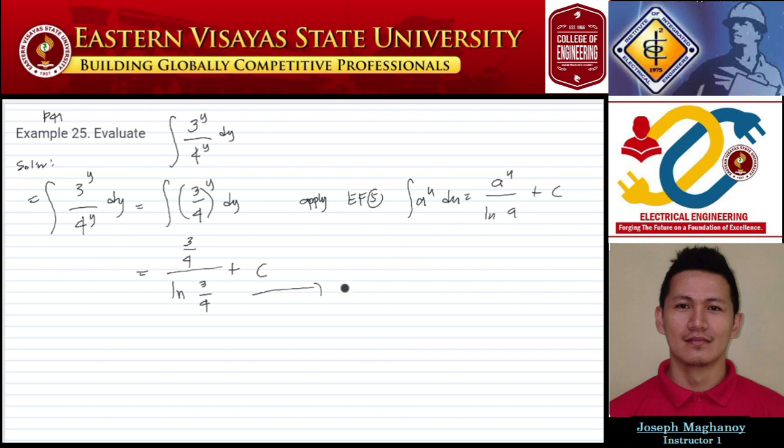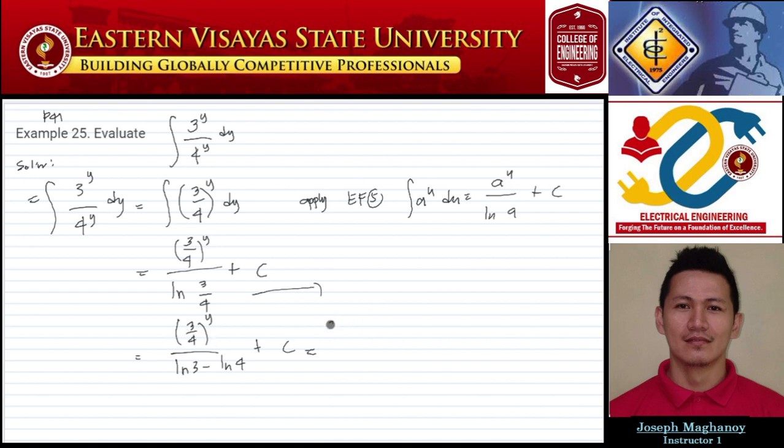So we simplify the formula. Here, we can apply some logarithmic property. So that would be ln 3 minus ln 4. This is still y, okay? Now, plus c, we distribute y again and simplify further.